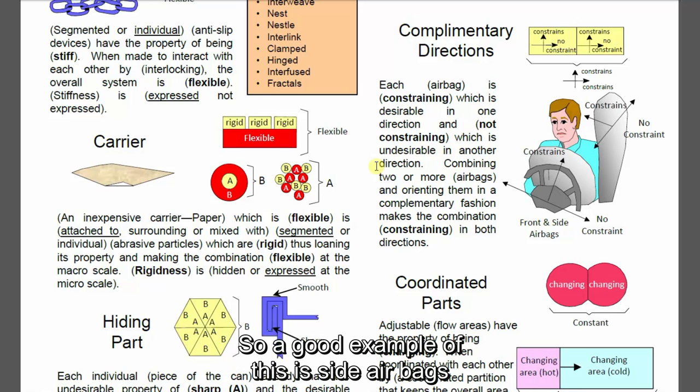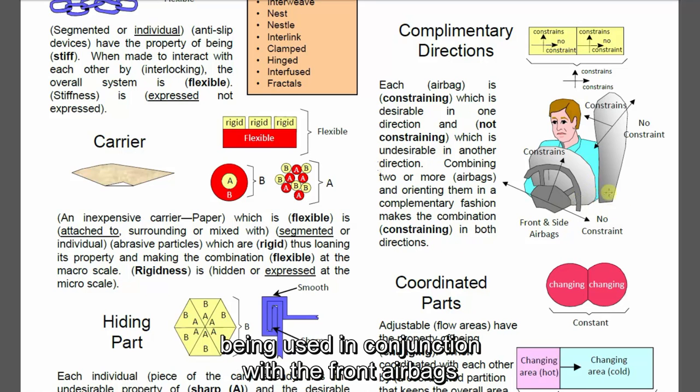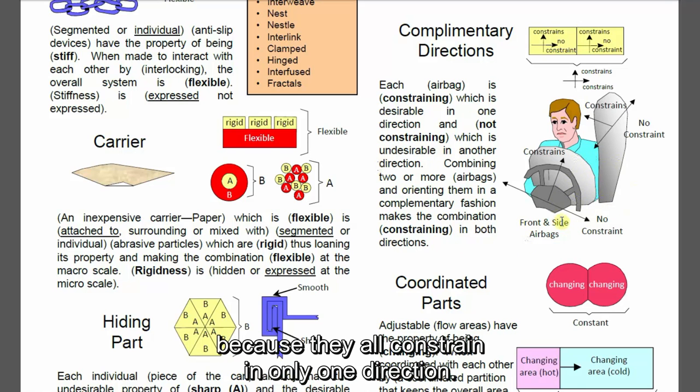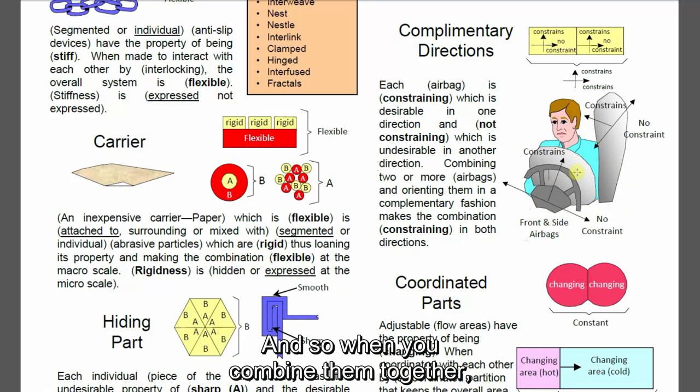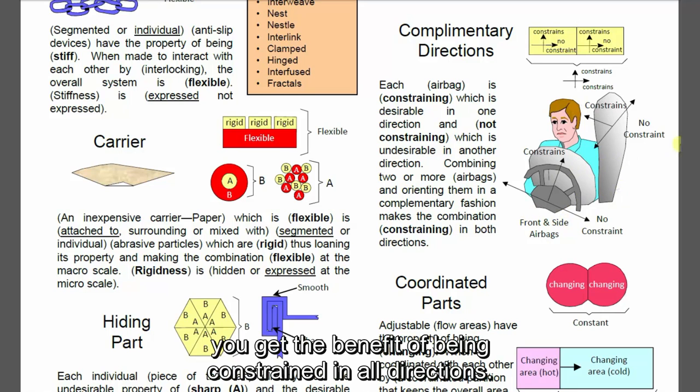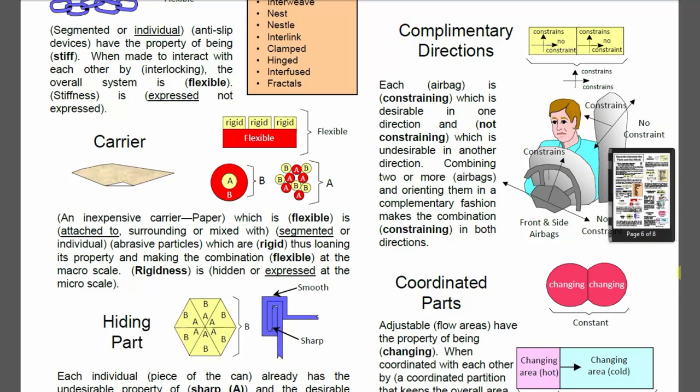So a good example of this is side airbags being used in conjunction with front airbags because they all constrain in only one direction. And so when you combine them together, you get the benefit of being constrained in all directions.